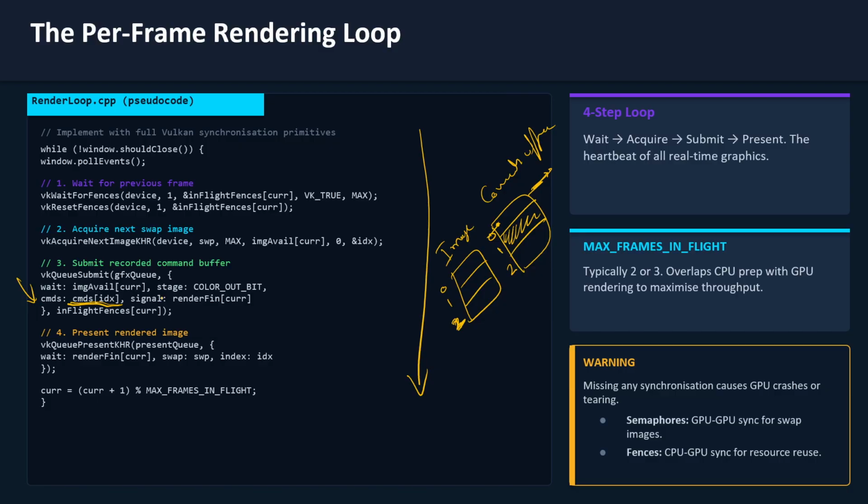Now finally, once I submit this, it will get executed, and then I wanted to present the rendered image onto the intended swap chain. Now every time I go through this loop, there is max frame in flight. Max frame in flight indicates that I'm using 3 frames, or 3 images.